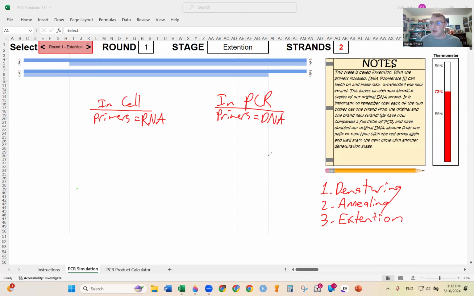There's nothing wrong with using RNA primers. However, this saves us money because now I don't have to cut said RNA primers back out again. So in PCR, we choose to use DNA primers simply as a convenience measure. So keep that in mind. These primers are made of DNA, not RNA in PCR.